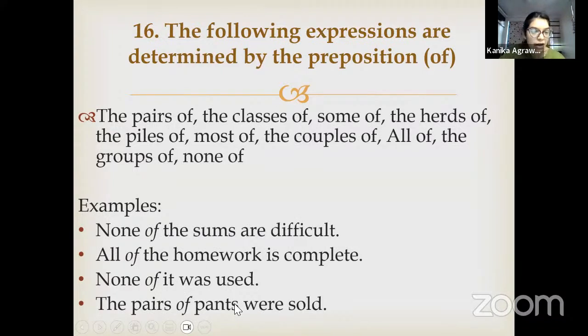Pants are always plural, right? But you can say, ma'am, in the last example we also used pants, but it was "was", and here it is "were". How will you differentiate? We will differentiate by seeing this. It is the pairs of, that was a pair of. So here it's already plural, so we'll use "were". You have to play with this thing.